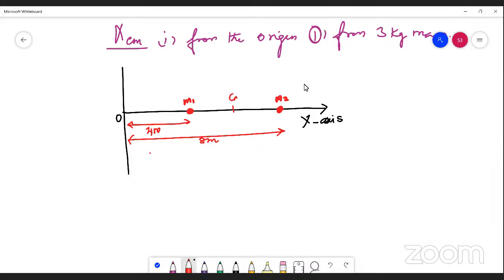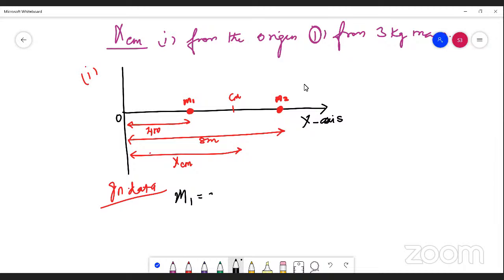This is the position of center of mass. They are asking you to find out the position of center of mass from the origin. This is the first case. Already we saw the 2 point masses are at the positions X1 is equal to 4 meter. Here you can write once again, given data. Let me solve this.